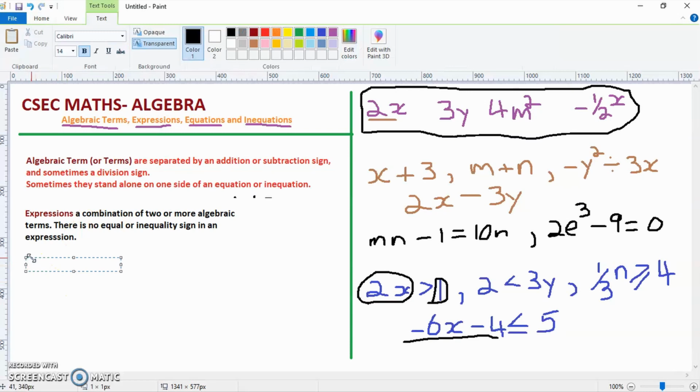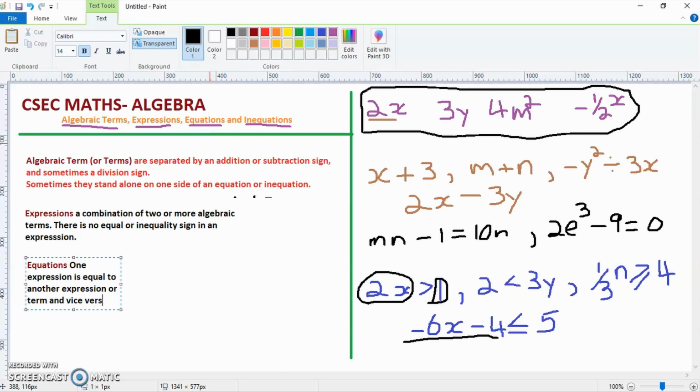Equations. In equations, you have one expression equal to another expression or a term, and vice versa.